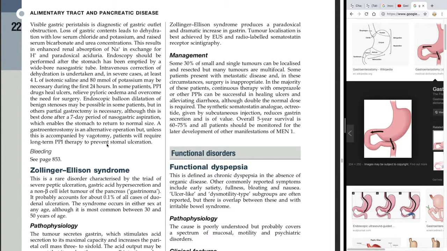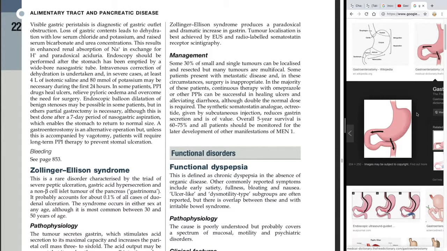If not, it will cause the ulceration of the stoma here, because this is an artificial stoma, an artificial hole between the stomach and the small intestine, this part here is not designed by your body to withstand the acid in your stomach. So you have to reduce the acid in your stomach so that this part doesn't ulcerate.